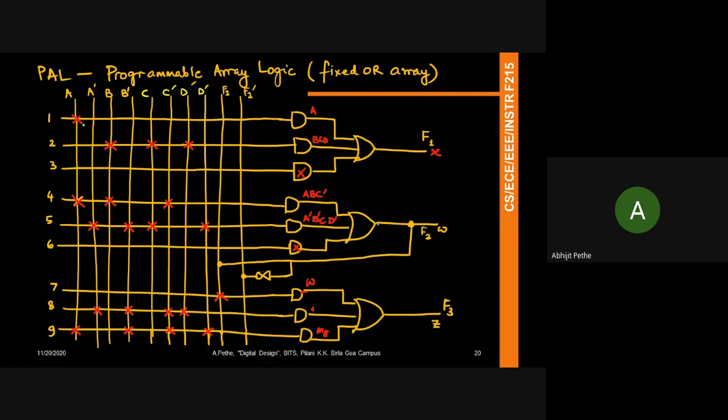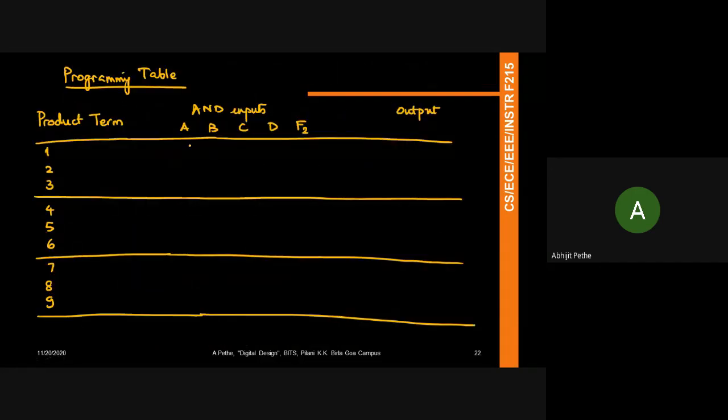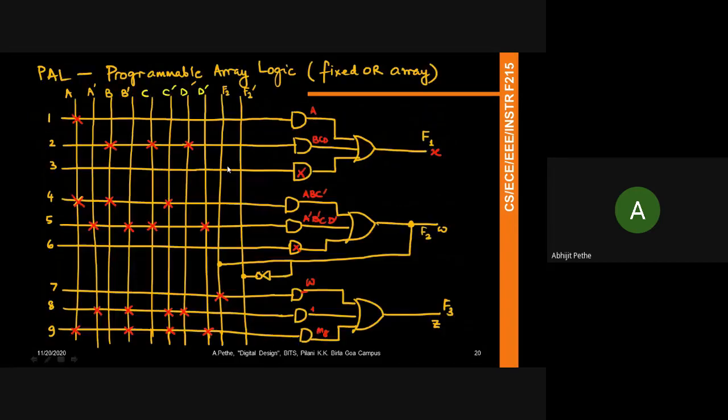So let's code this up into ones and zeros. If you look at 1, 2, 3, 1 is essentially just taking A. So 1 would be just take A as a true value and the rest of them are not connected. The second term would be take B, C, and D and nothing else.